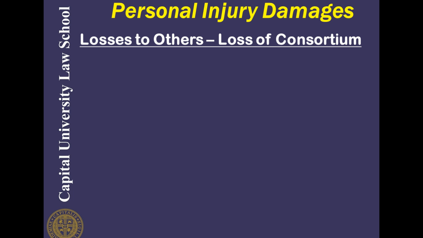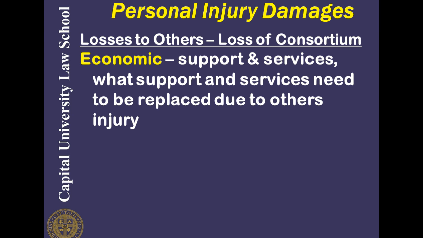Let's talk finally about losses to others. That is loss of consortium. There again are two kinds of loss of consortium. There's economic, which is support and services. So what support and what services need to be replaced due to others' injury? The best example of this is husband and wife.